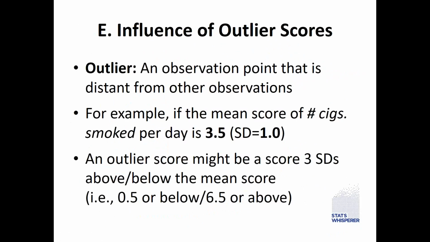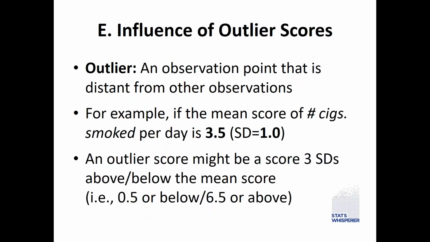Now our outlier scores. Outlier scores present a real threat to the multiple linear regression because just 1 or 2 outliers can totally change the findings. So those are very high scores or very low scores in the distribution, maybe 3 standard deviations above or below the mean.